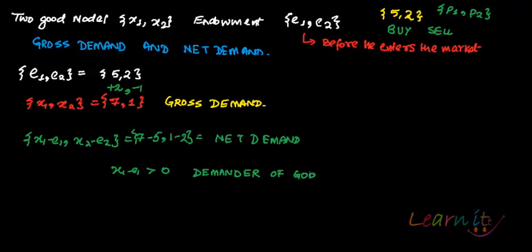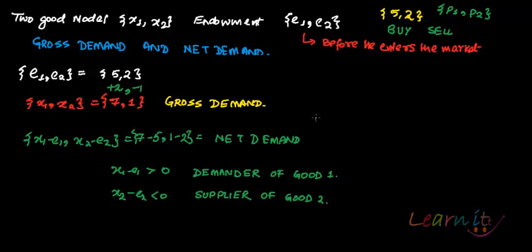And if you find that the net demand is negative, you will say that he is a supplier of this good. In this case it is good 2.